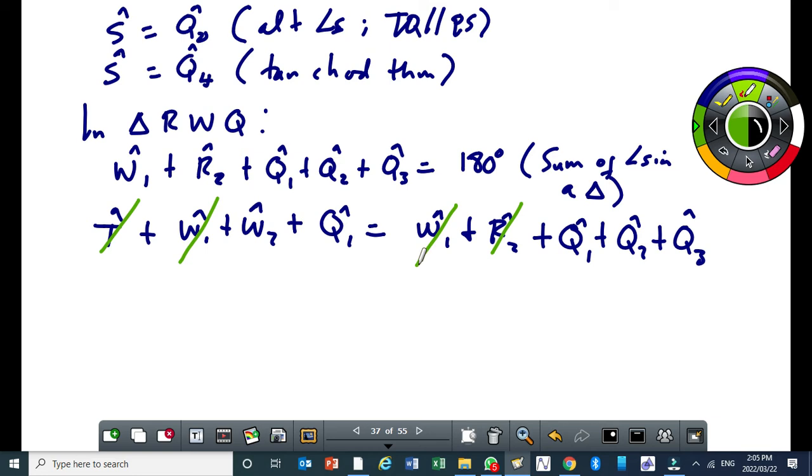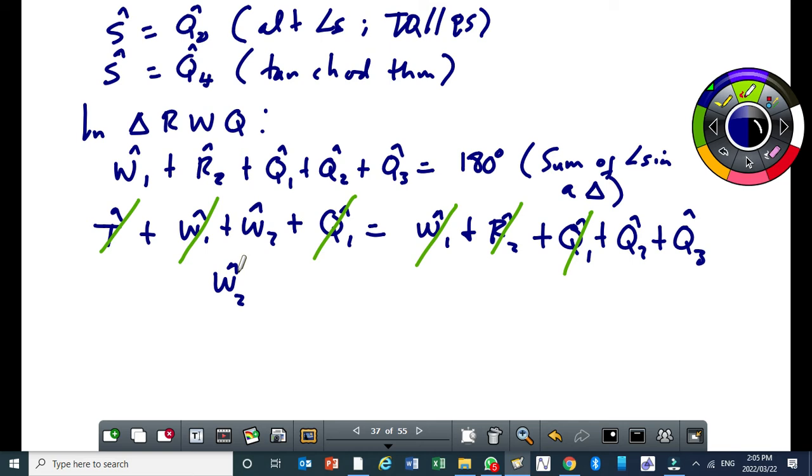Are you following that? Right? And we have this Q1 here and that Q1, they also cancel out. So the equation is getting simpler and simpler. Then we are left with that. So what are we left with? W2. Okay, but I want to prove that W1 is equal to Q2.